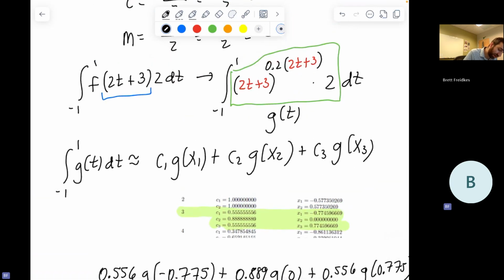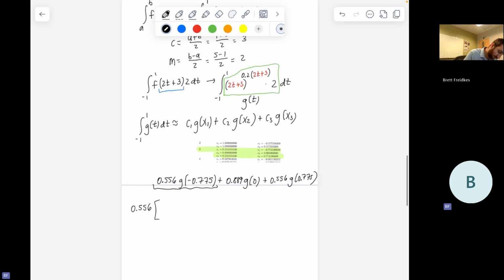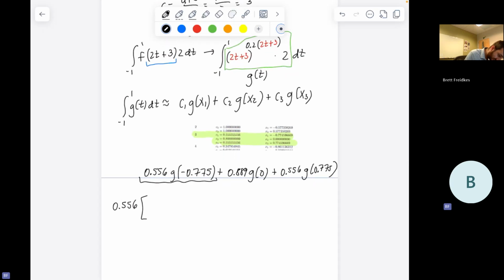Well, here's our g up here. This is going to be 2 times, let's be careful here, 2 times that negative 0.775 plus 3, raised to the 0.2 times 2 times negative 0.775 plus 3.